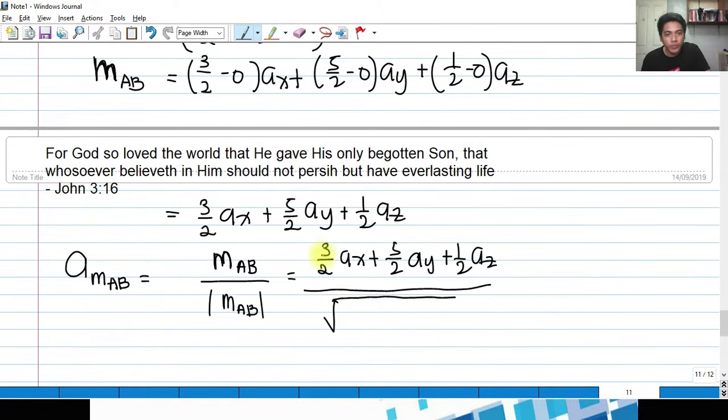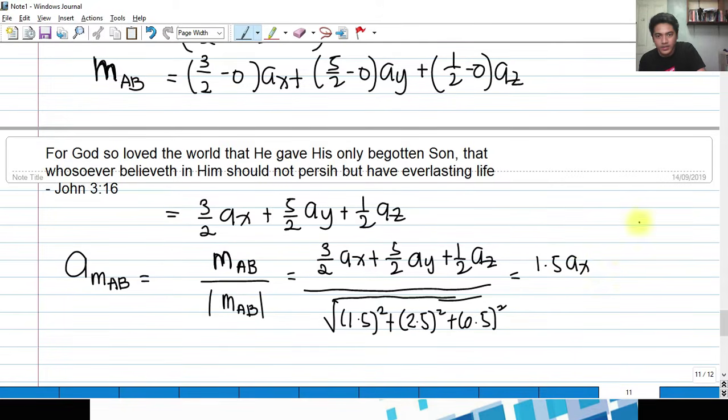I'm going to make this decimal. 3 halves is 1.5 squared, 5 halves is 2.5 squared, plus 1 half, 0.5 squared. So 1.5 ax plus 2.5 a sub y plus 0.5 a sub z divided by that square root. Let me first calculate it. So we have square root of 35 over 2.